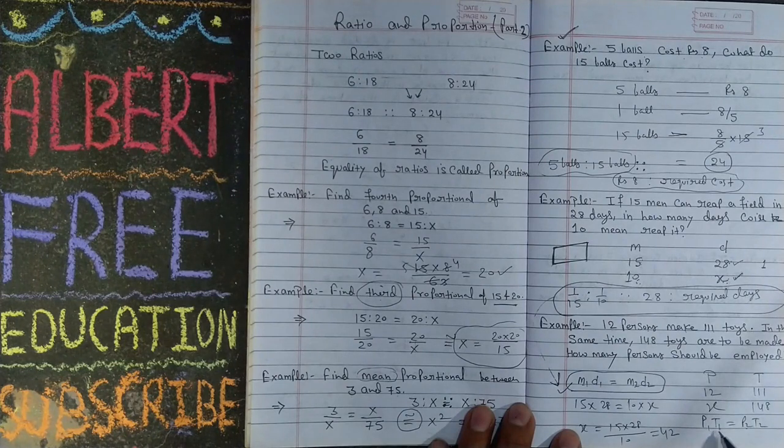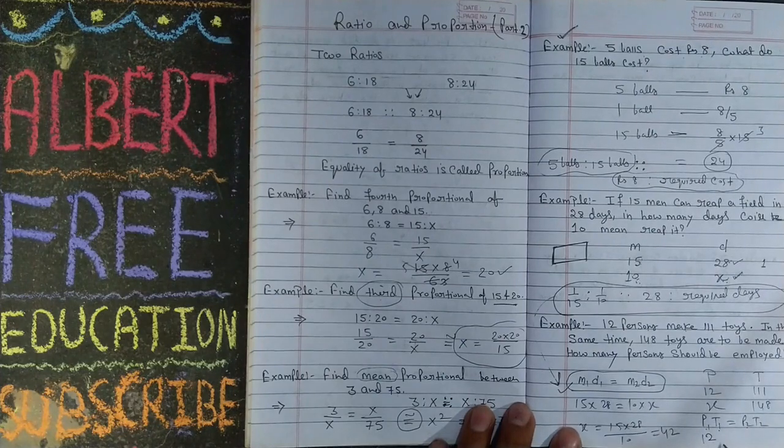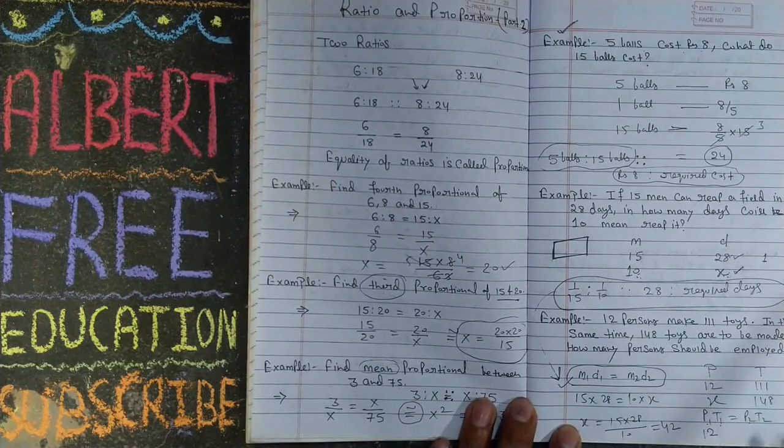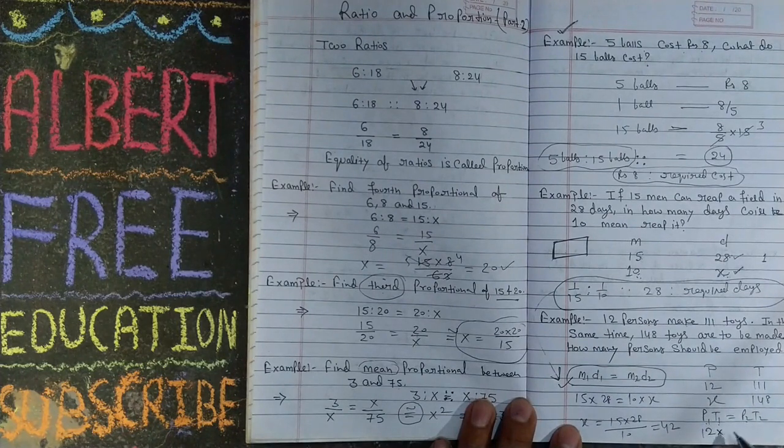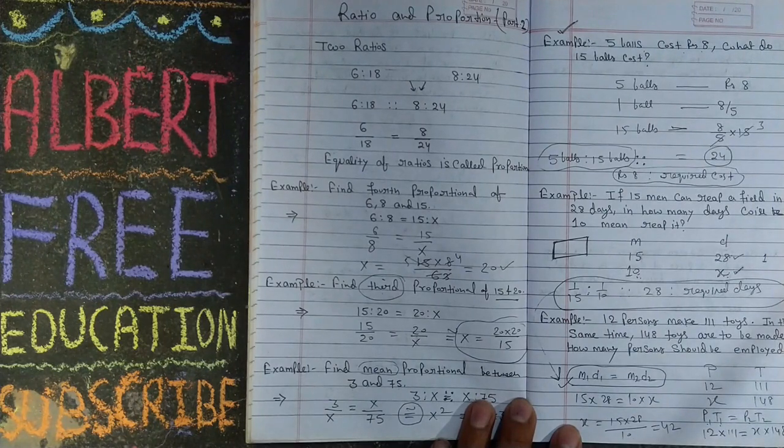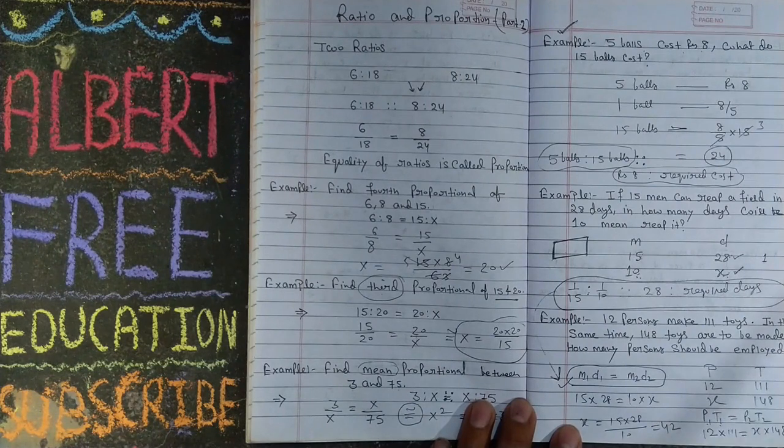Your X, this is P1 is 12 into T1 is 111 is equal to P2 is X into 148. Your answer is X equals this into this upon this. 12 into this is the wrong answer.